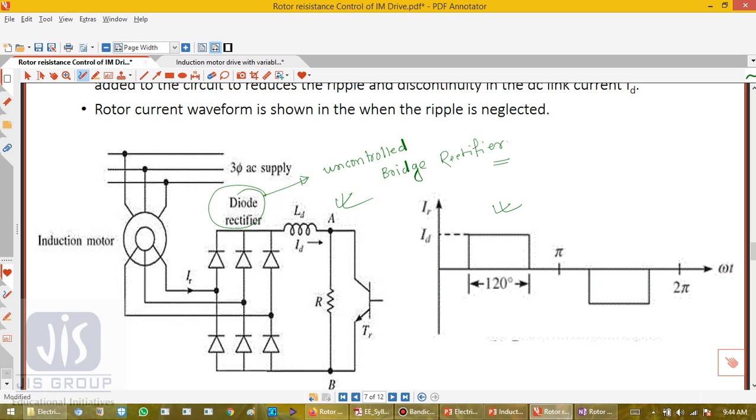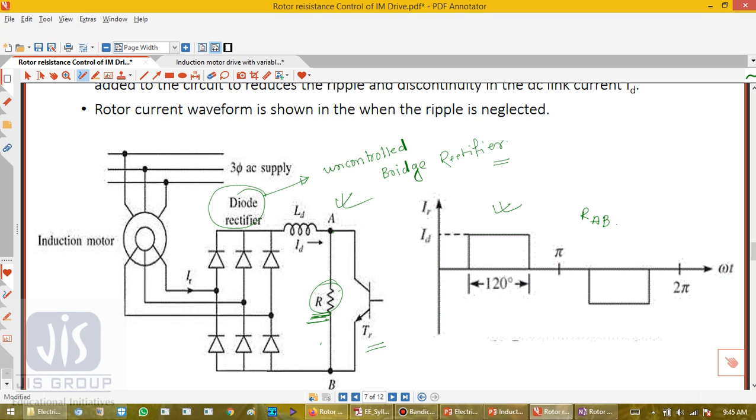Okay, and this is fed to a parallel combination of a fixed resistance R and a semiconductor switch realized by a transistor TR, which is used here. Now the effective value of resistance across the terminals AB is RAB.